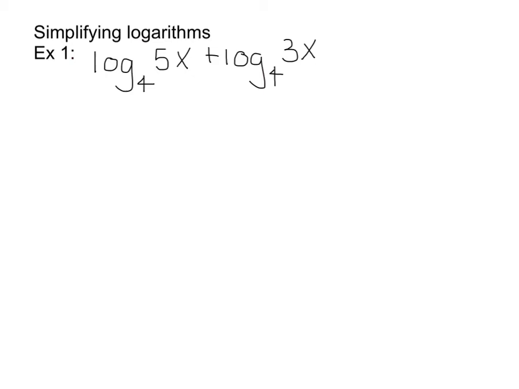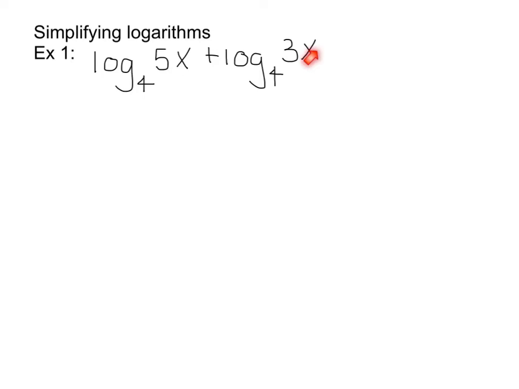Now we're going to look at how we simplify logarithms. When we're simplifying, we're trying to condense it to make it one logarithm and then simplify it as much as possible. So I have the log base 4 of 5x plus the log base 4 of 3x. Since there's a plus sign, that means I can multiply these together using our product property.